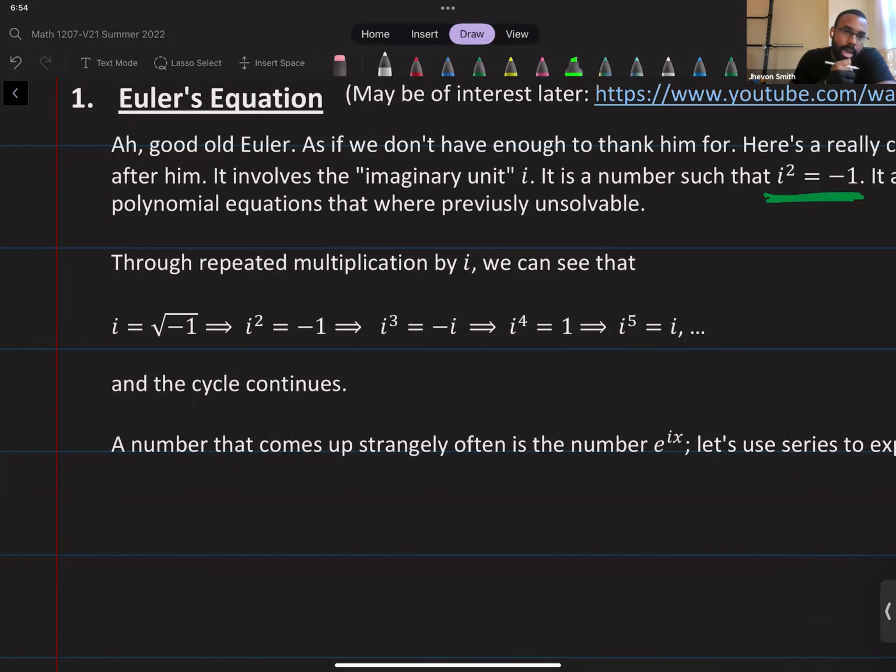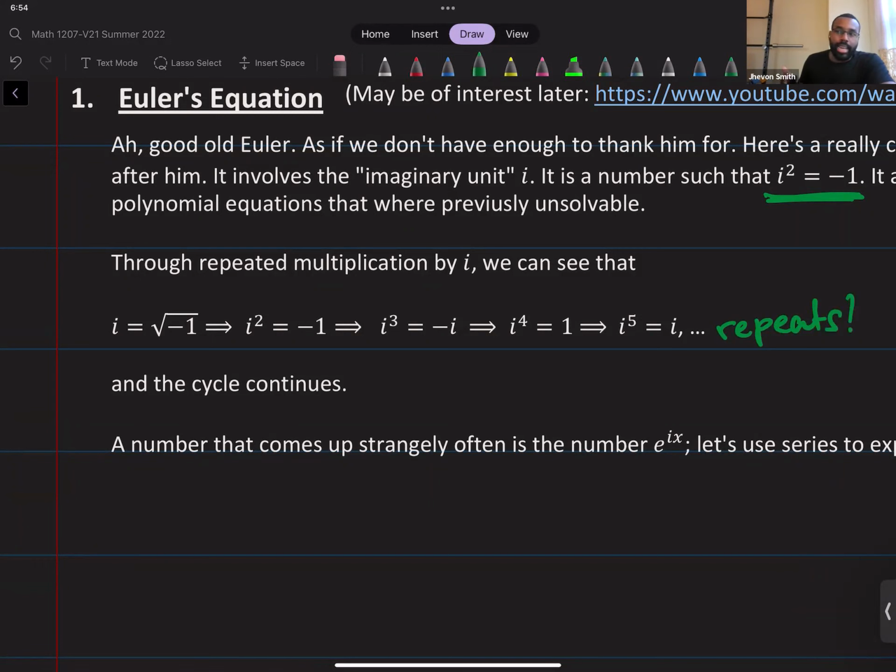If I multiply i times i, i squared is -1. Multiply by i again, i cubed is -i. Multiply by i again, i to the 4th is +1, because i to the 4th is i squared times i squared, -1 times -1 gives us +1. I to the 5th, and you kind of see that this repeats.